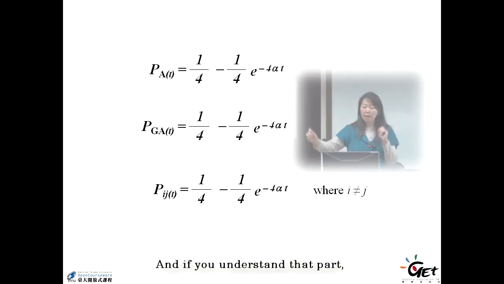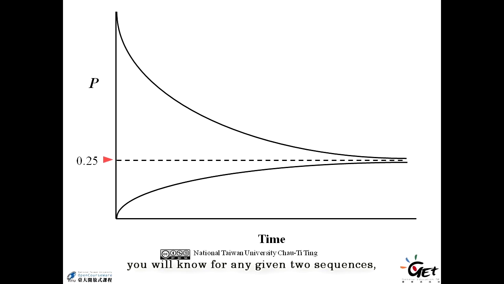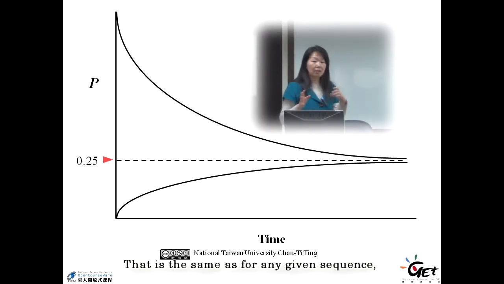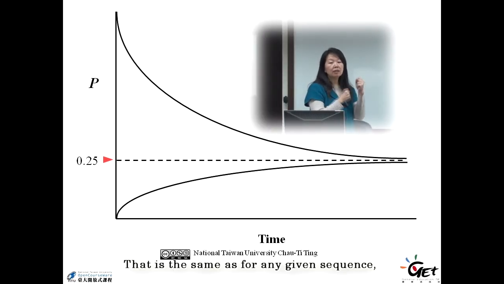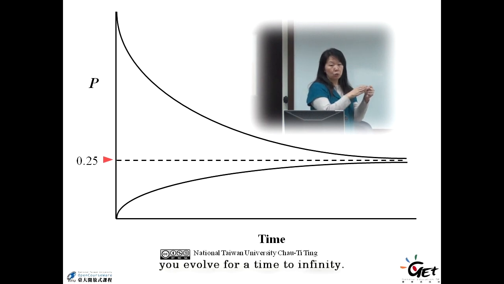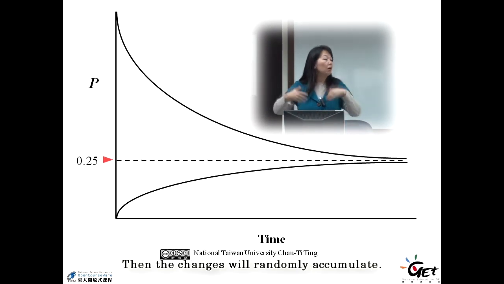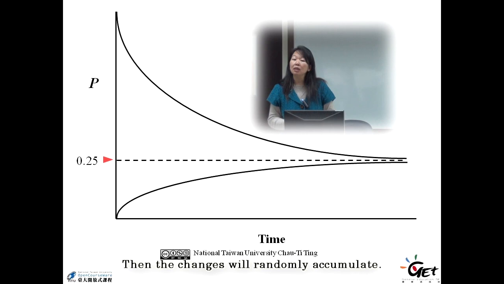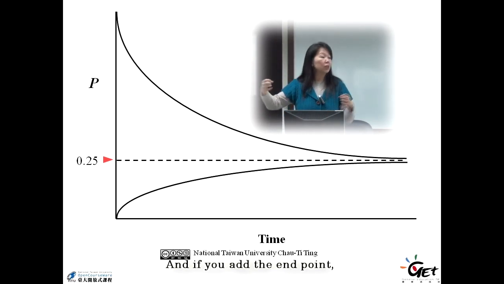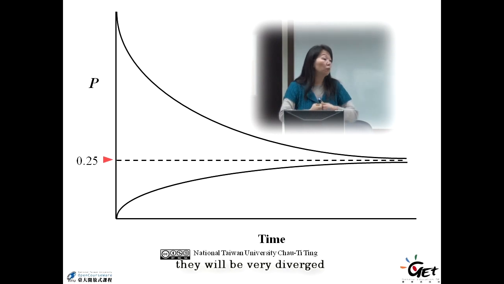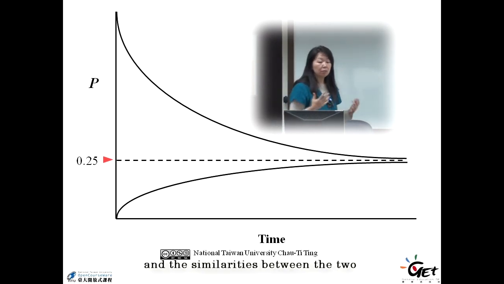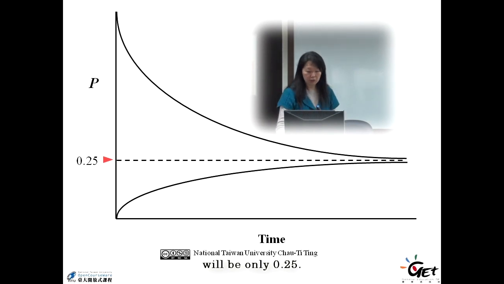And if you understand that part, you will know that for any given two sequences, even unrelated, you will find 25% similarity at the DNA sequence level. That is the same as for any given sequence you evolve for a time to infinity, the changes will randomly accumulate. And at the end point, if you compare the two sequences, they will be very diverged, and the similarity between the two will only be about 0.25.